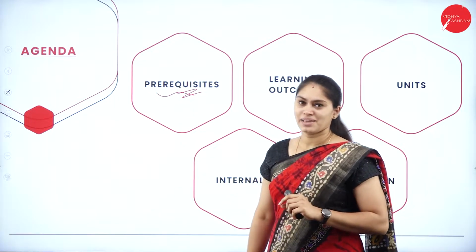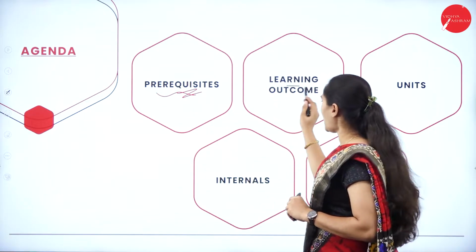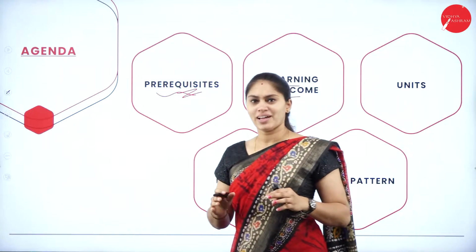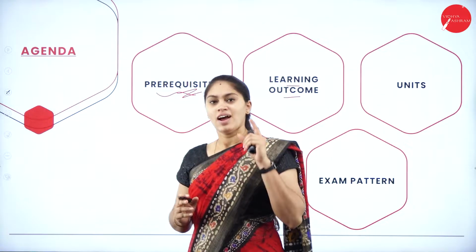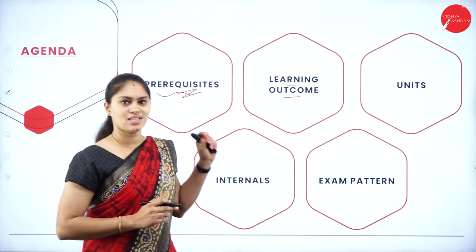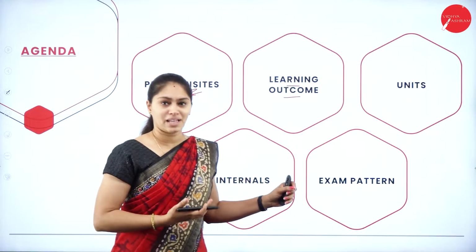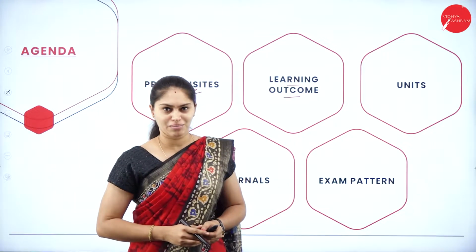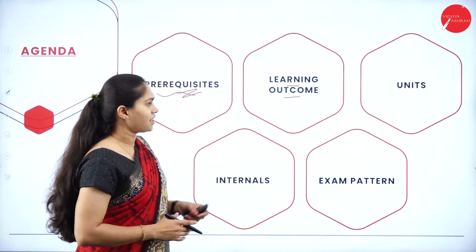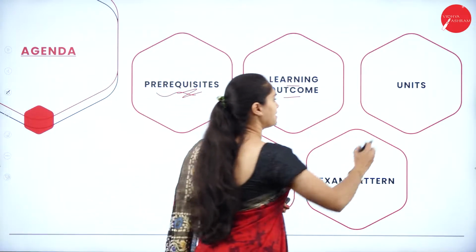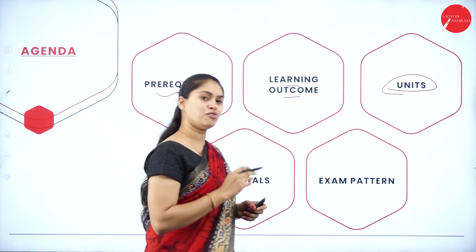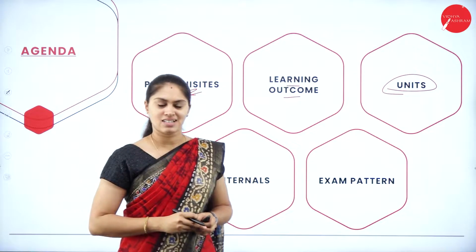Along with that, I will be discussing about the learning outcome. That means now you don't know anything regarding this software engineering. After once you learn with this subject, then what will be the benefits that you are going to get from this subject? That is regarding learning outcome. Along with that, I will be discussing regarding the number of units which is present in this subject.